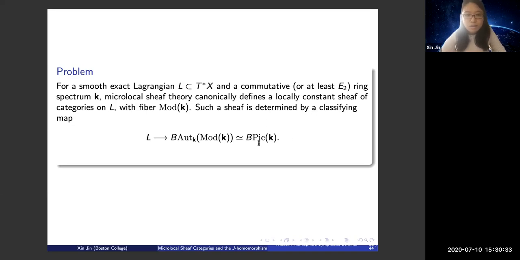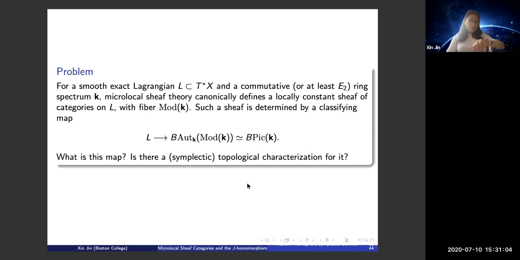It also has a monoid structure, so you can tensor two invertible K modules to get another invertible K module, and because everything is invertible, it's also a group. Then you can deloop it, and if K is commutative, you can deloop it actually infinitely many times.